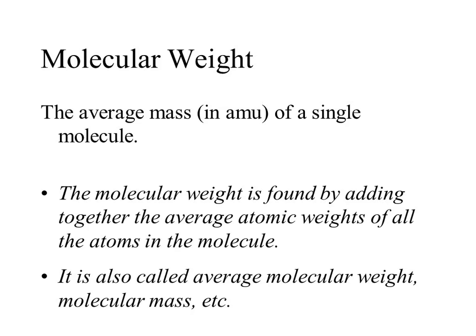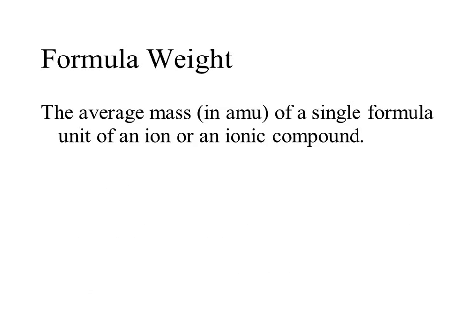Okay, good. Well, this slide is very similar, but remember you told me the repeating unit of an ionic compound is a formula unit. If you have an ionic compound and you want to know how much a repeating unit weighs, like NaCl, that would be a formula weight.